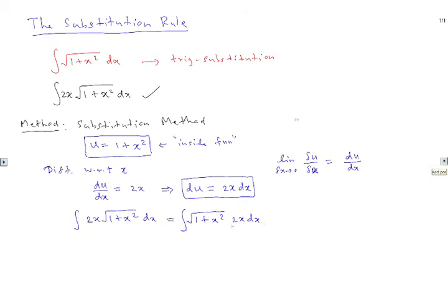What you see right here is exactly equal to du, so I replace 2x dx by du. And 1 plus x squared is simply u. That means we can transform the problem to the new variable.